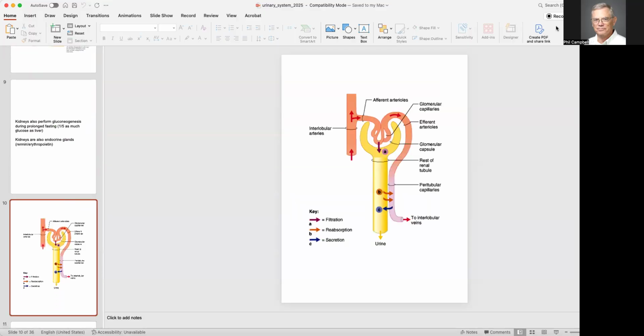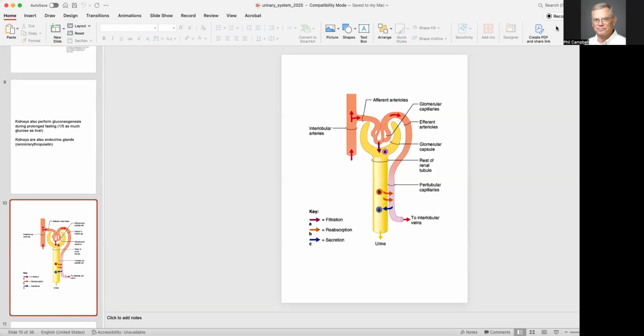Now, let's start talking about the functionality of the nephron. Its first function is what? It's filtration. All right. So filtration occurs in only one spot, and that's in the glomerulus. The filtrate, once it leaves the blood, is now called tubular filtrate.